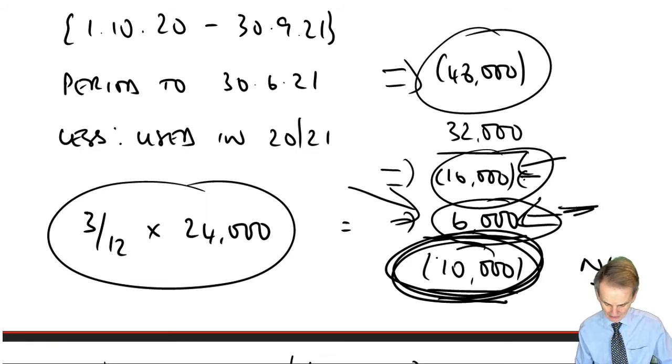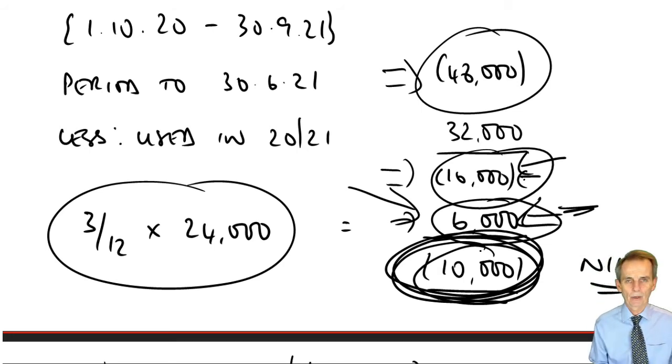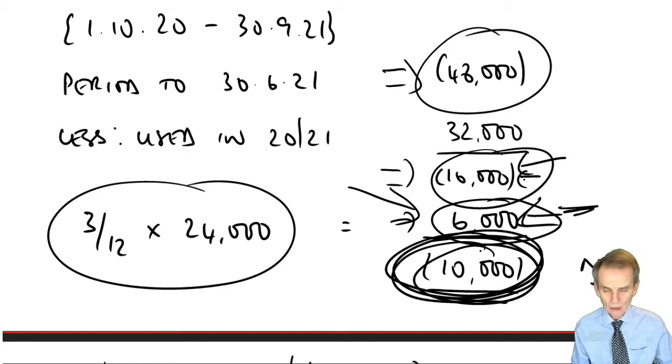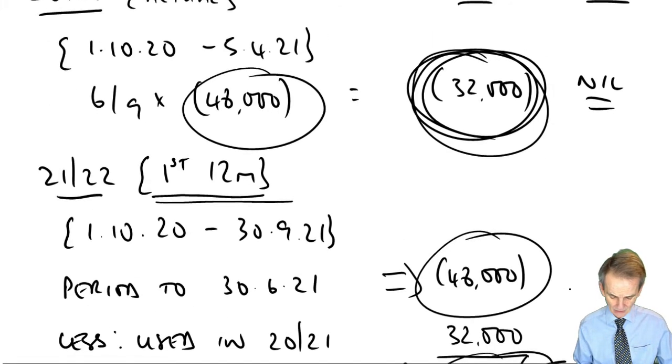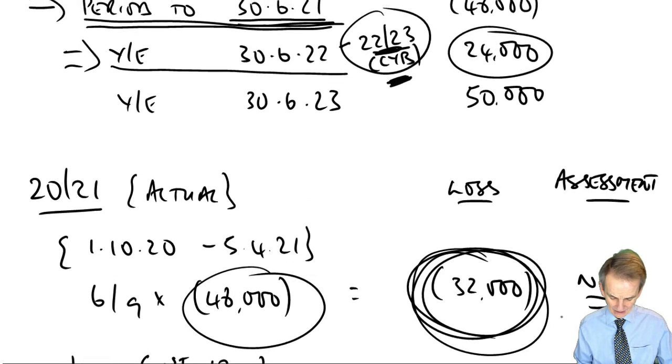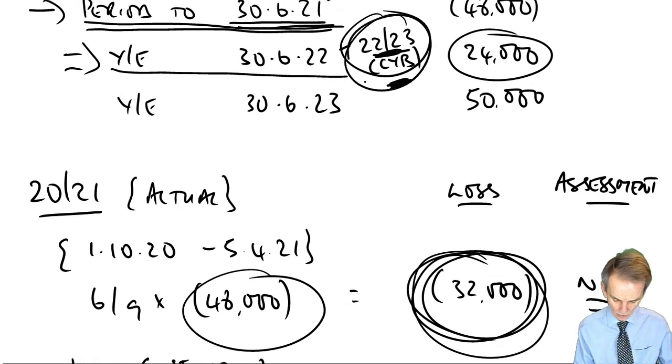And that brought us down to just £10,000 of relief being available. So it means that that £6,000 of profit has fallen both into establishing the nil assessment for the second tax year, 21-22. It is also then going to be assessed in, as we see here, 22-23 tax year using CYB.